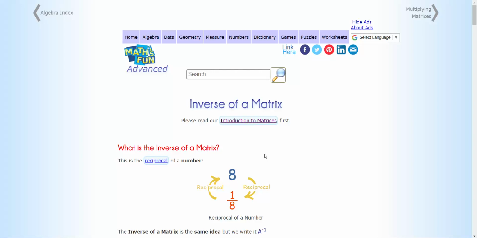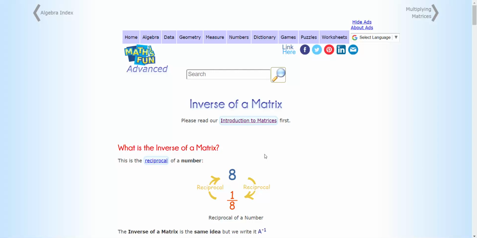So division is actually a multiplication of the matrix by an inverse. If you have A divided by B, what you would have to do is A multiplied by B inverse. That's how you generally do it.